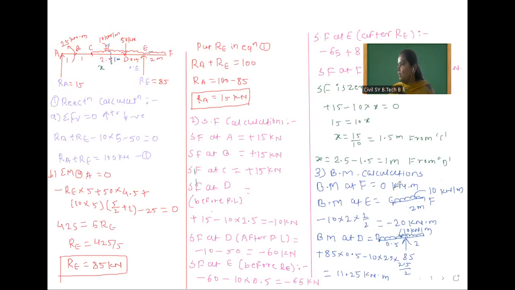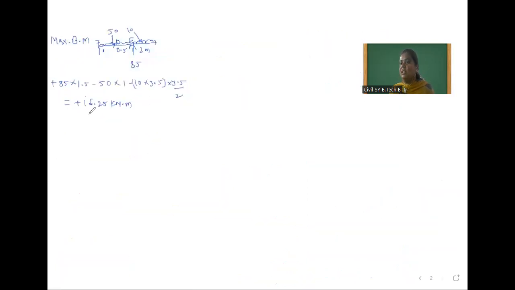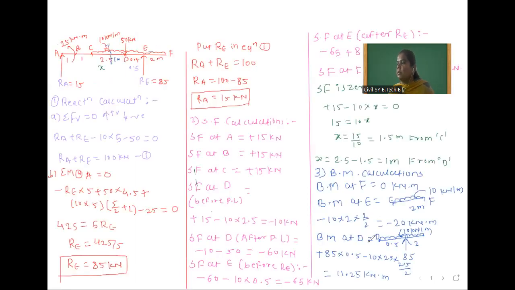Yes, at F 0, at E minus 20. Here some mistake is there. Here 16.25. Okay, here bending moment at D is 11.25.